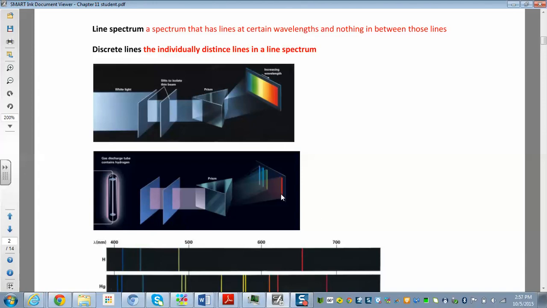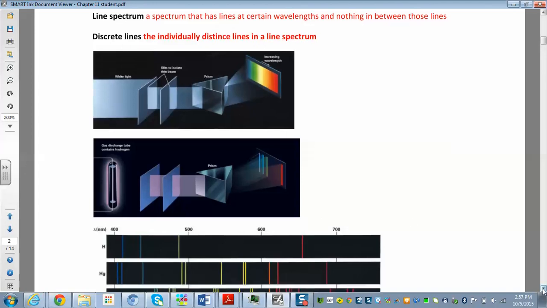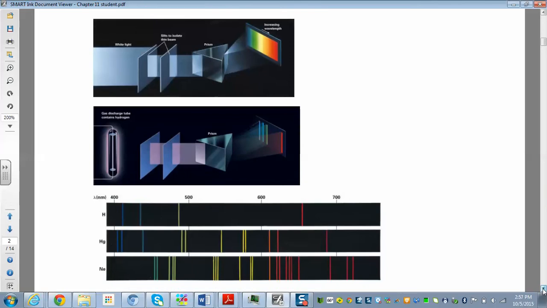This happens because of the electron configuration of the atom. Each atom has its own number of electrons, and the way they're arranged is different from everybody else. So you get a fingerprint of each element based on how its electrons are arranged. This is what hydrogen looks like if you do this experiment. You're taking that element and giving it enough energy.